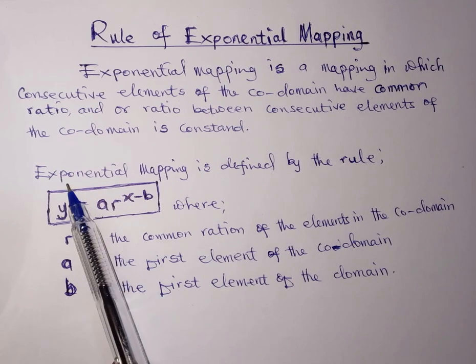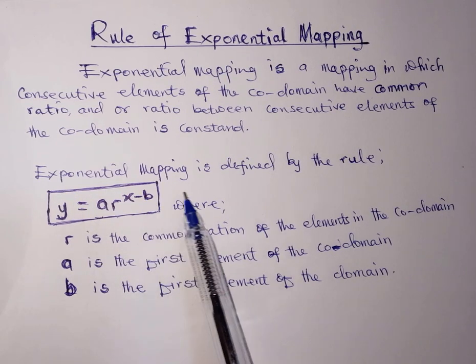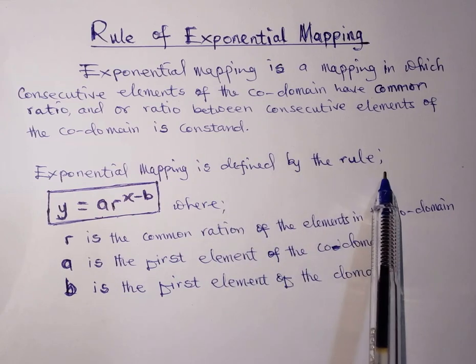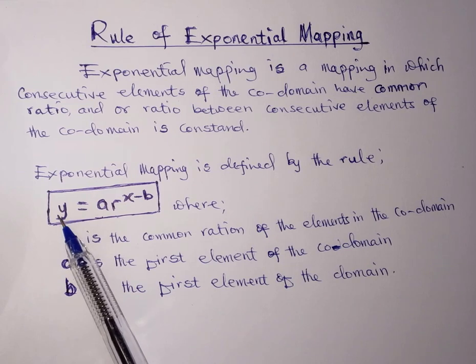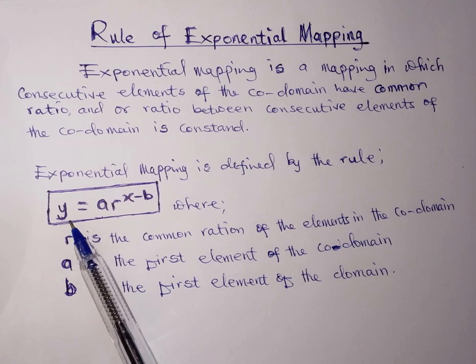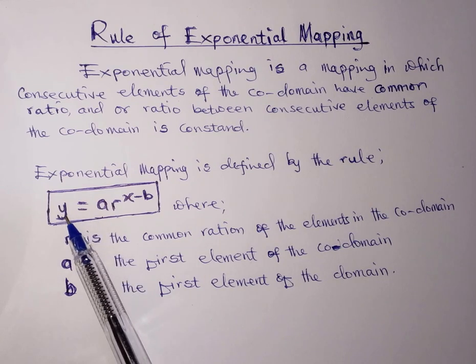So you could see that exponential mapping is defined by the rule. This you see in the box here is the rule. When you are asked to find a rule of exponential mapping, this is the rule you are going to use.